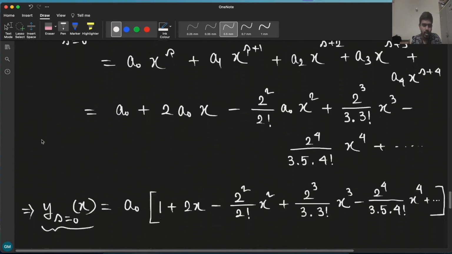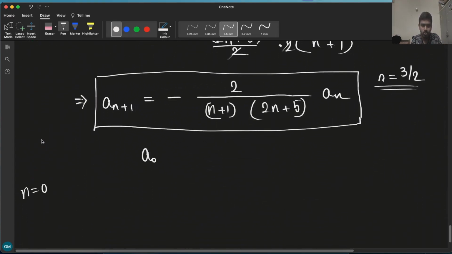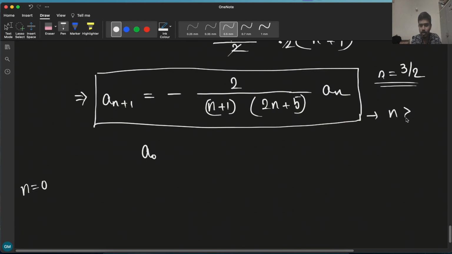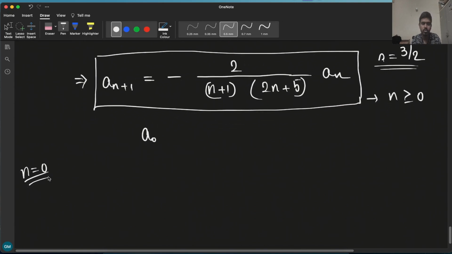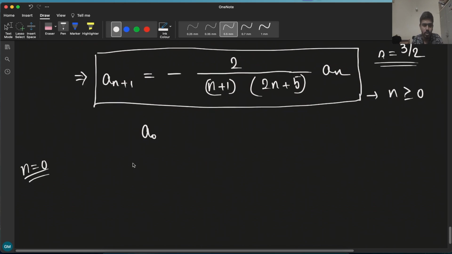Here also that's what we will do. This recurrence relation is valid for n greater than or equal to 0, so we'll start putting n from 0. If I put n equals to 0, it will be a1 equals to minus 2 divided by, so if I put n equals to 0, it is 1 and it is 5.